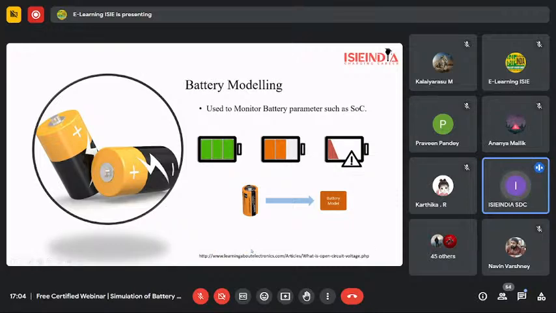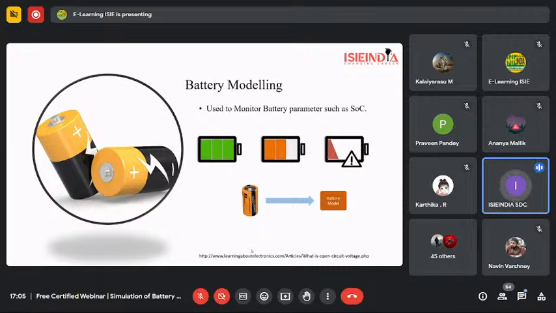for that we use a battery management system. The first step in designing a battery management system is to develop a high-fidelity battery model. As I already said, we have to design a battery model, and according to that battery model, we design a BMS. From that battery model, we do the estimation, like the SOC estimation, SOH (state of health) estimation, and other estimations, including the accurate battery current.